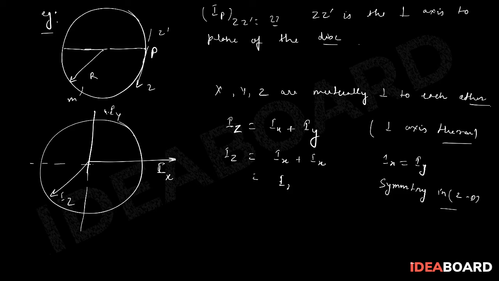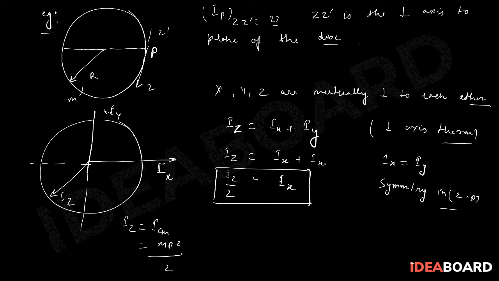So Ix is nothing else Iz by 2, and the value of Iz for this disk will be equal to ICM passing through the perpendicular axis, which is nothing else mr square by 2 for a disk. So the value of Ix is mr square by 2 into 1 upon 2, which is mr square by 4. Perfect. So we achieved the value of Iz.